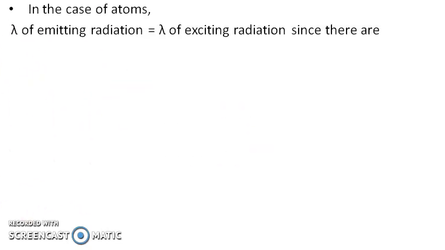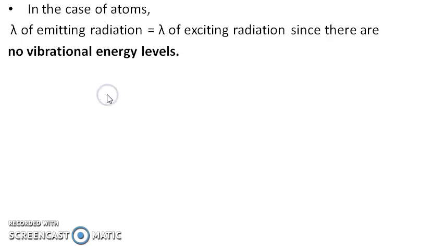Now that was when a system has vibrational levels. In the case of atoms, it is different. Atoms do not have vibrational levels. So in the case of atoms, the wavelength of emitting radiation will be equal to the wavelength of the exciting radiation, since there are no vibrational energy levels.